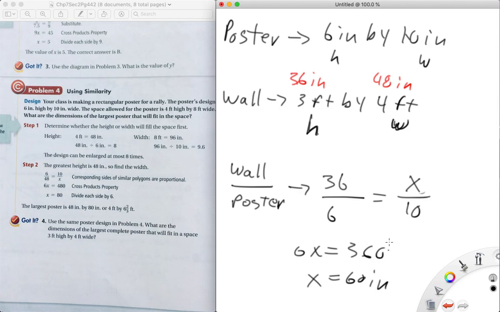So what they're asking you is how big of a poster can you make that's going to fit that wall?